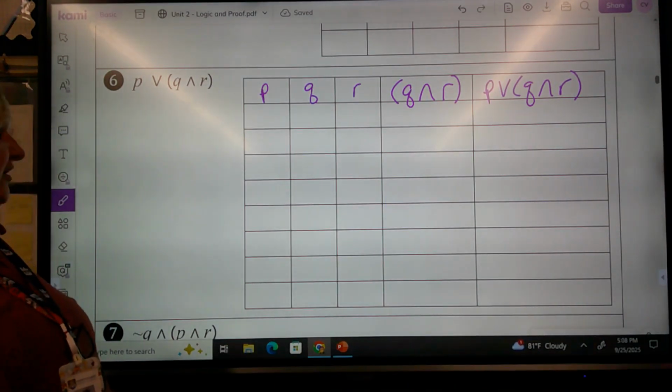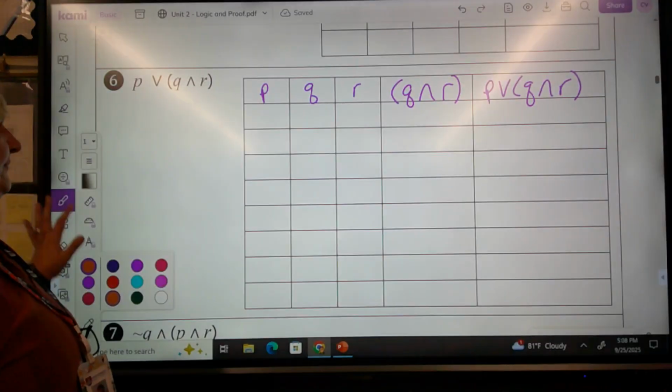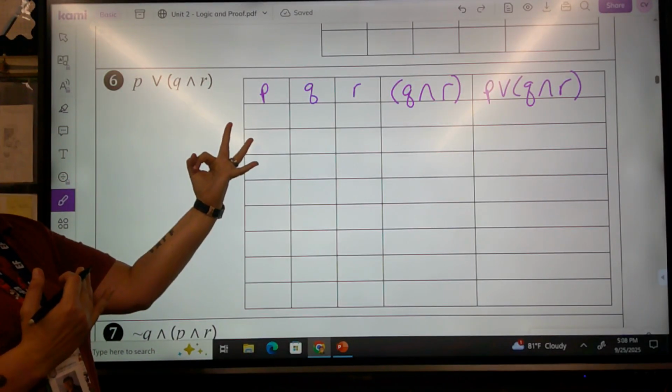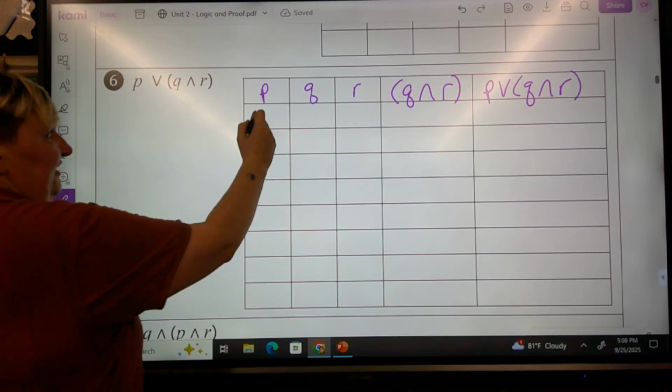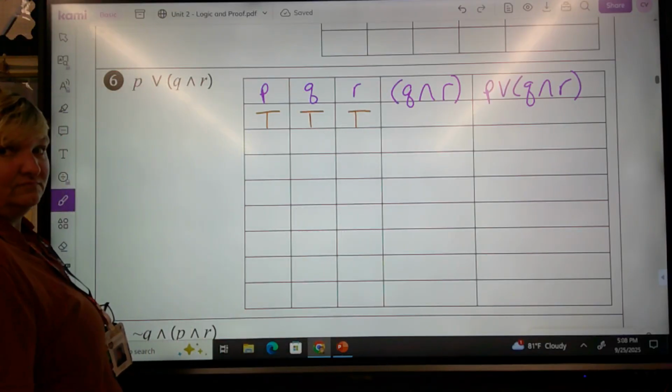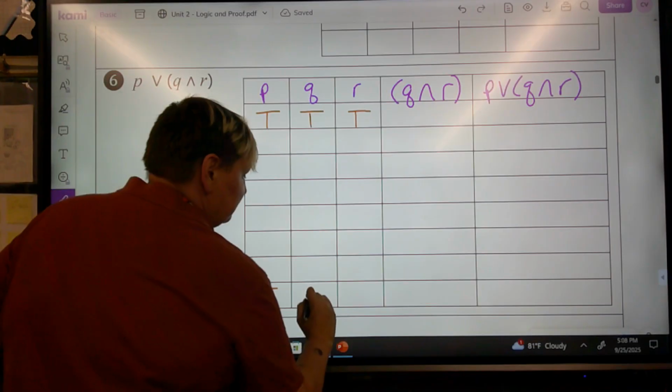We're going to work this one step at a time. Don't panic. All right. Possible outcomes when there are 3 statements. They can all be true. They can all be false.